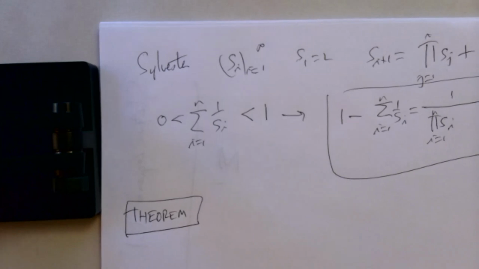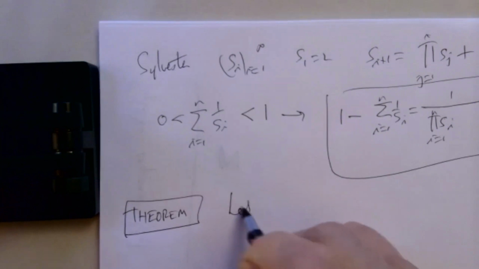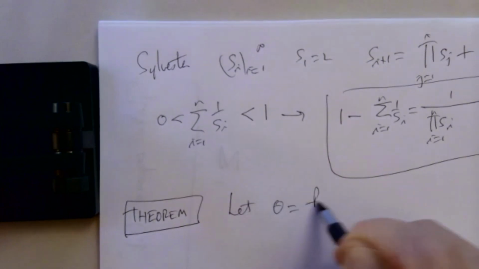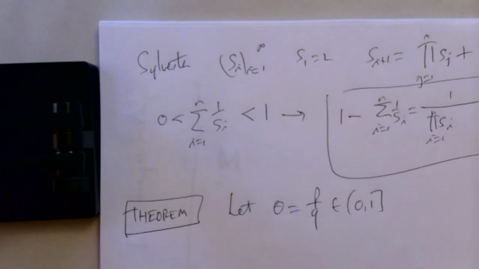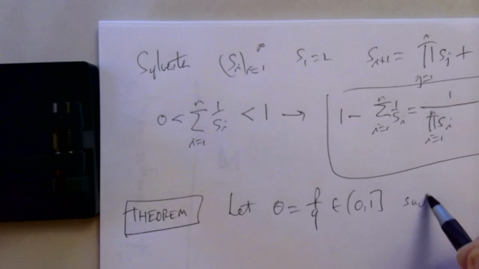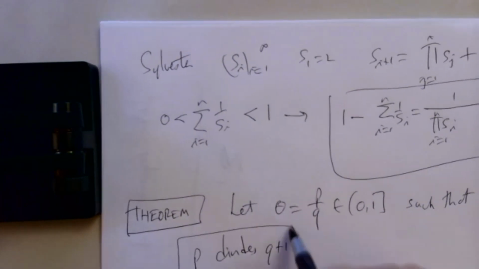So to my limited knowledge, what I'm about to say is new, but it's hard to believe that it is. So there's the following result. Suppose I take a fraction P over Q between 0 and 1, where P and Q are positive integers, such that P divides Q plus 1.